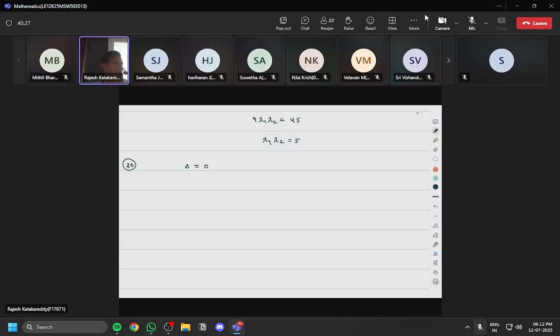Anybody with a shortcut here? How do you calculate it? No. The shortcut also we can use. Like we did, this is 0, so alpha equals plus or minus 1.